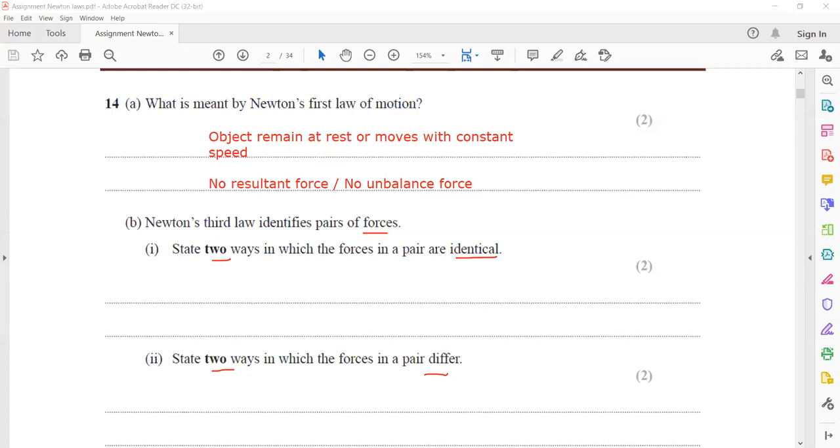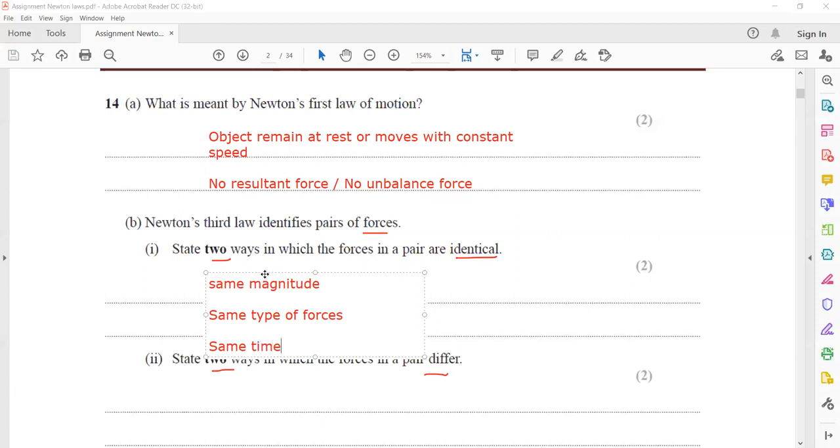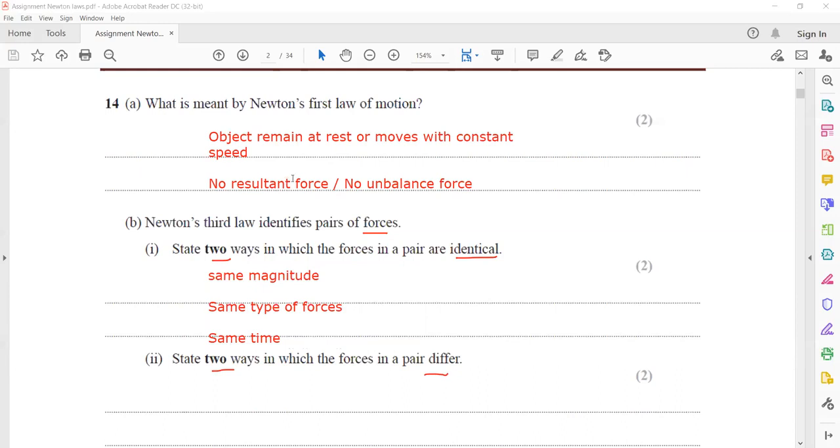The two pair forces will have the same magnitude, they are the same type of force, or they act at the same time. We have to write only 2 of them.